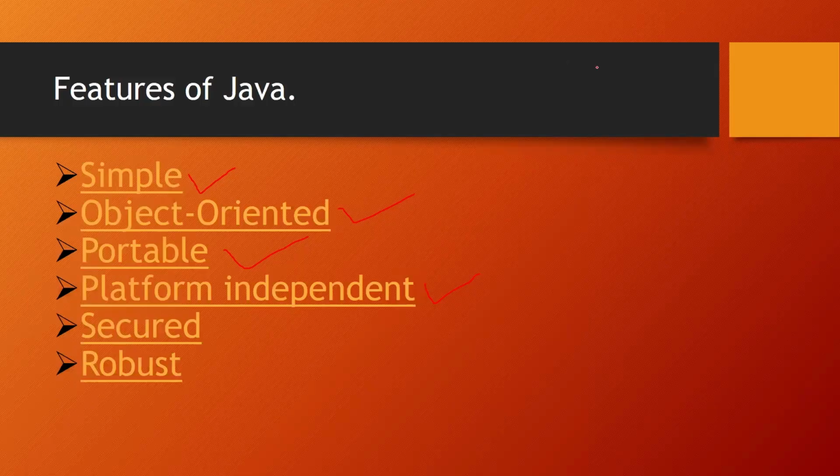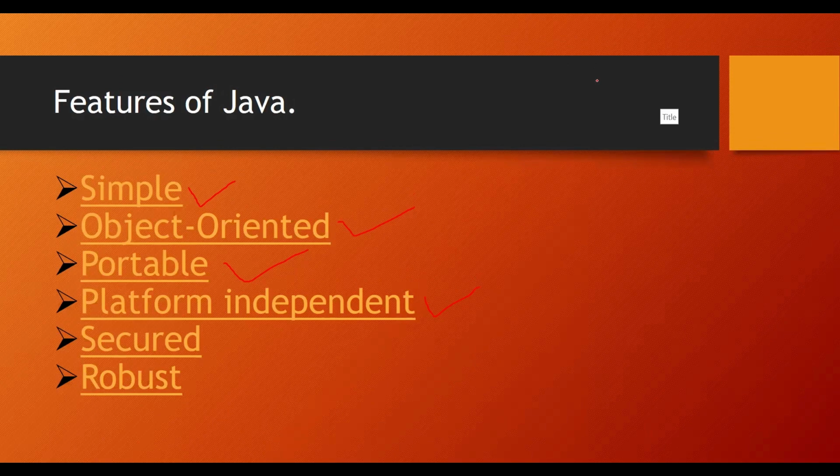Now let's understand the security point, that is, why Java is a secure programming language. Java is called a secure programming language because we can develop applications in Java that are virus-free.